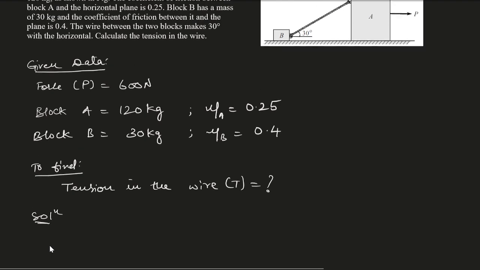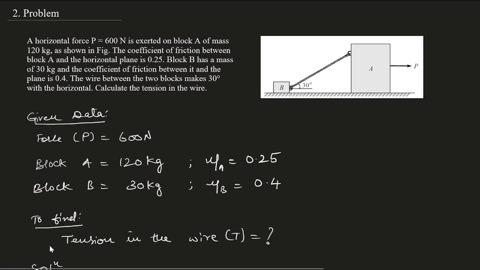Okay, so before diving into the solution, let's have a common thing that when we apply a force in this direction, the direction of the block will be from left to right. It will move in left to right direction. Similarly, the B block will also move from left to right direction because both the blocks are connected by a wire.